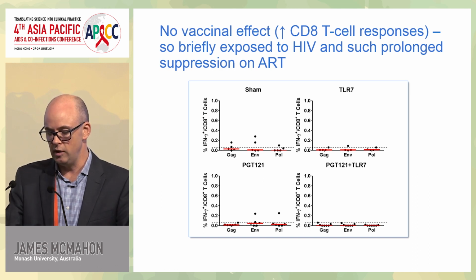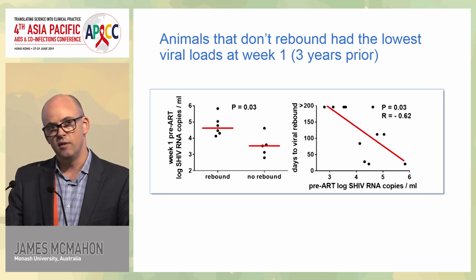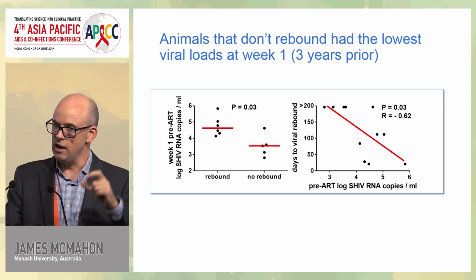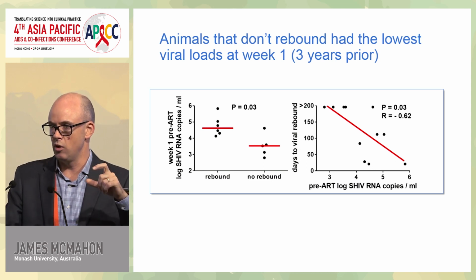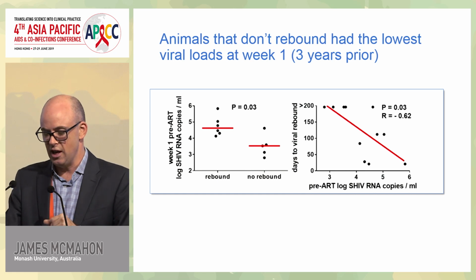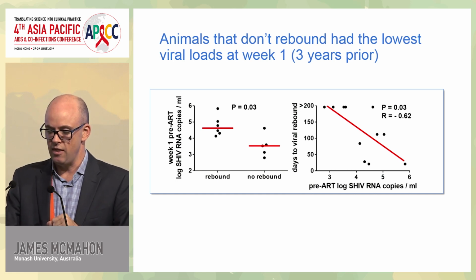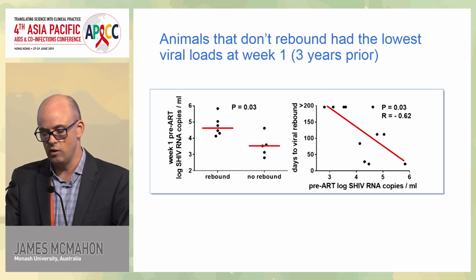But this is probably really important. The monkeys that didn't rebound, they were just infected. They had very low viral loads and very low reservoirs before they were put on ART. So it's sort of like this slightly false scenario of these animal studies. And these monkeys were the monkeys that didn't rebound or were cured. So they had very, very low reservoirs and very low viral loads.